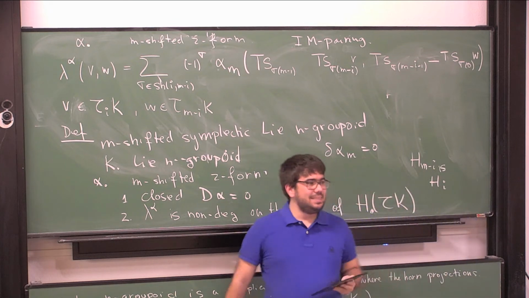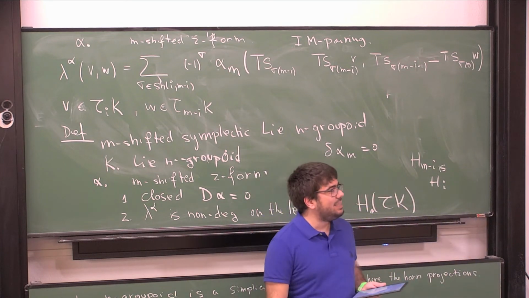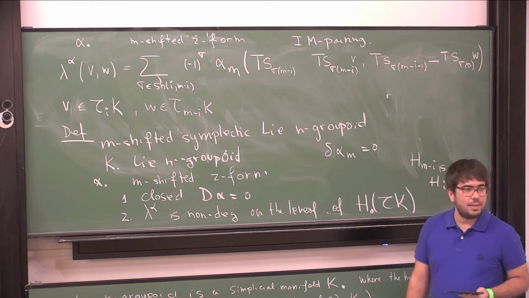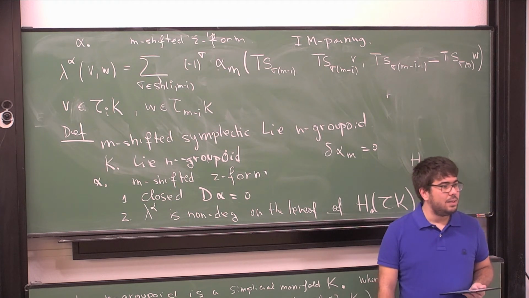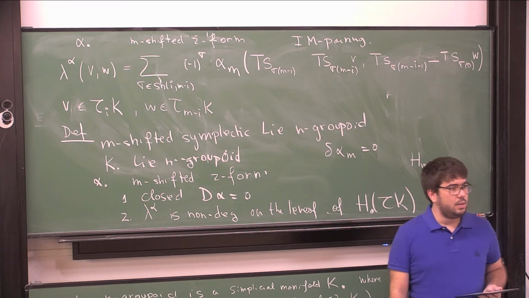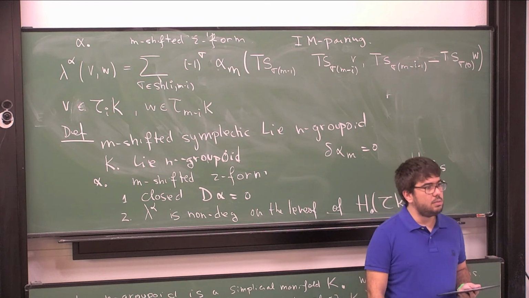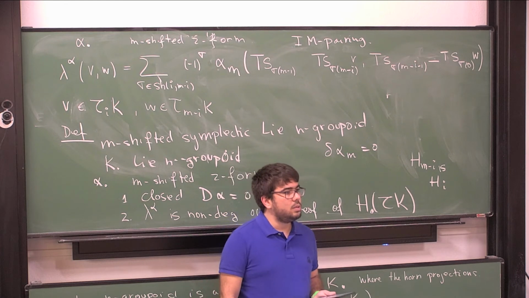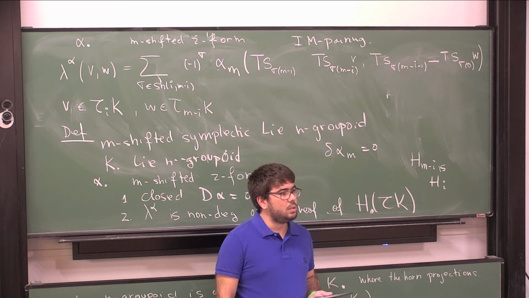I have another question. When you define the m-shifted K-form, you don't have an element on the diagonal, but it's truncated. It's not on every degree. I was wondering how this relates, maybe it's a matter of terminology, with what Camille was telling us about the degree.